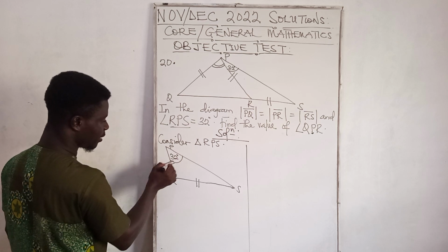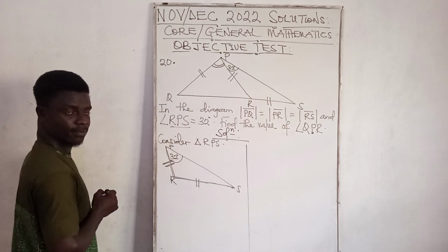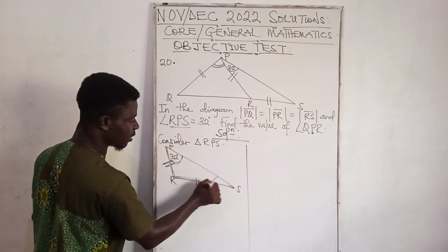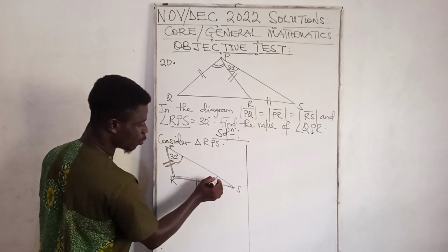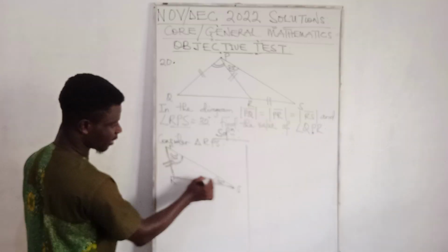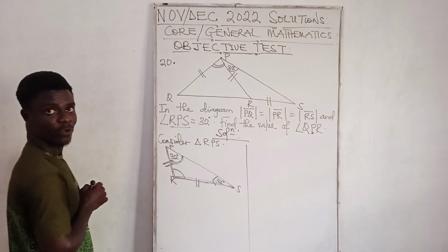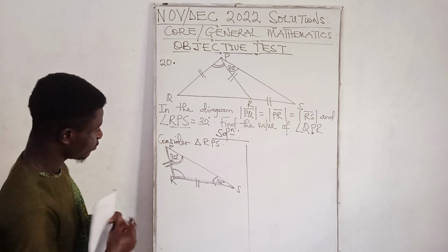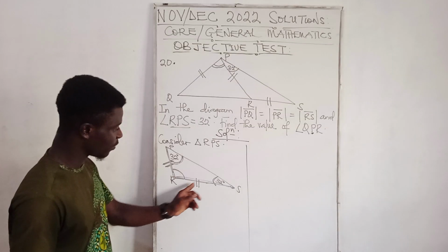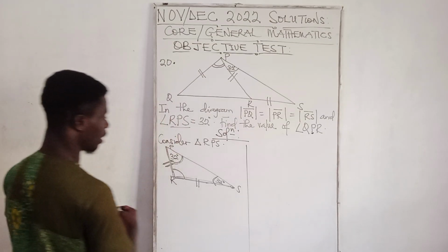Then if this length is equal to this length is equal to this length, then that means their base angles too are equal. So here also is 32 degrees, right? Then I can find this angle here, right? Using the triangle properties, we state that the sum of interior angles in a triangle is 180 degrees.